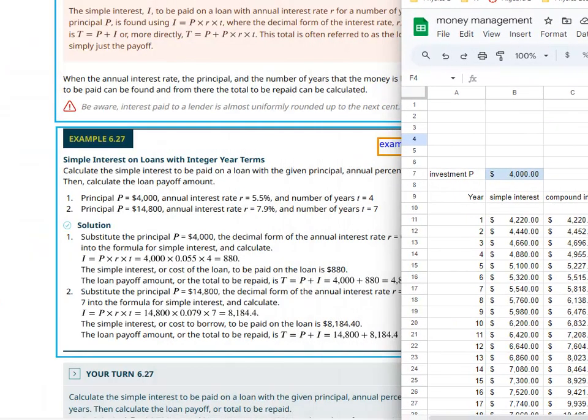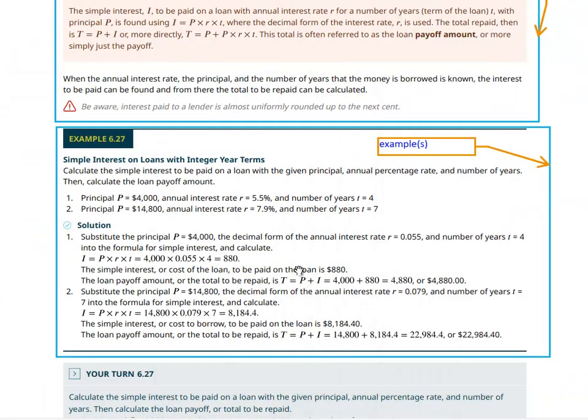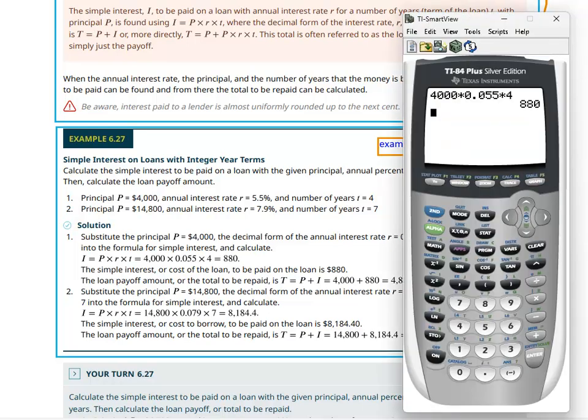Okay, the other example here. So 14,800 times 0.079, so 7.9% times 7 years, and hit the enter, and so an extra $8,184.40 plus the original principal, so $22,984.40.